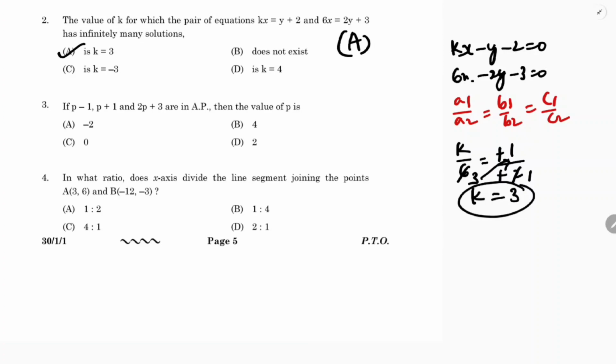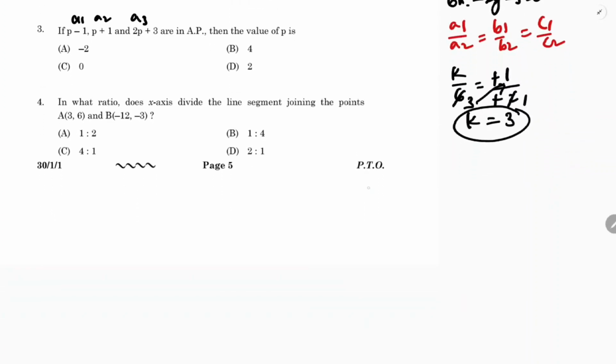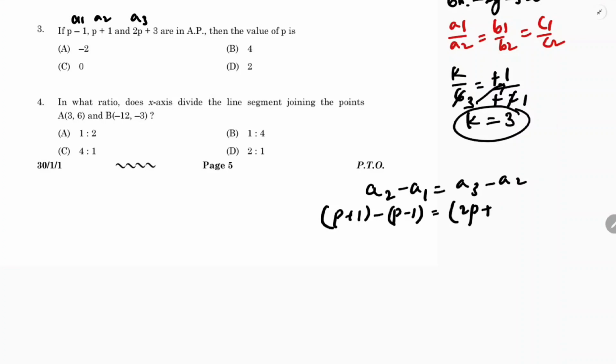Next one, if these three terms are in AP, see here A1, A2, A3. If these three terms are in AP, then you can use the condition of an AP like A2 minus A1 equals A3 minus A2. A2 is P plus 1, A1 is P minus 1, equals A3 which is 2P plus 3, A2 is P plus 1.